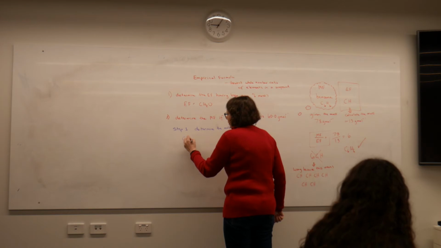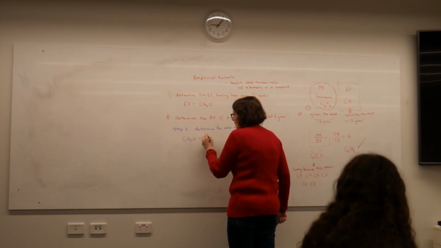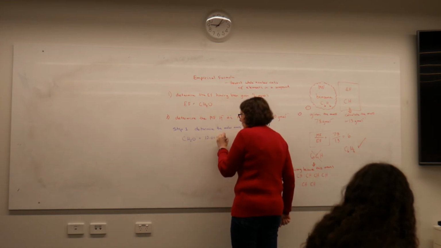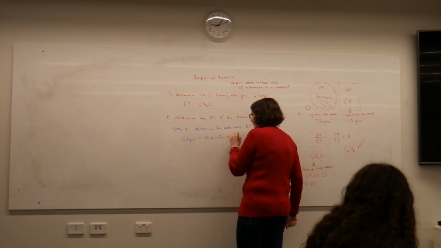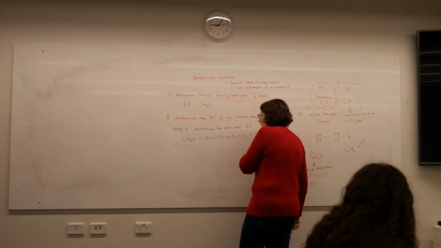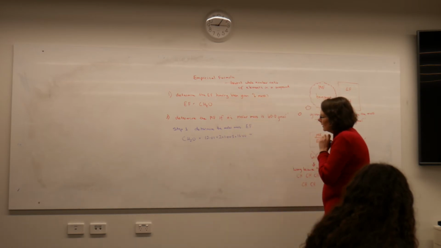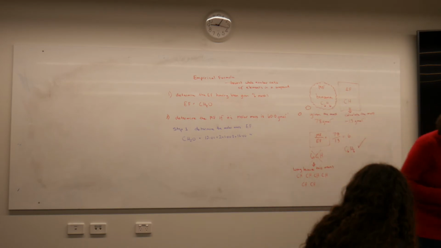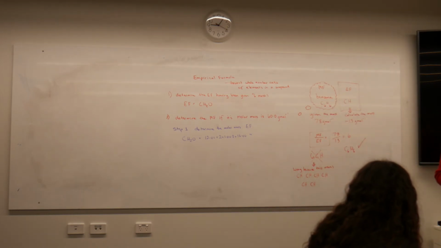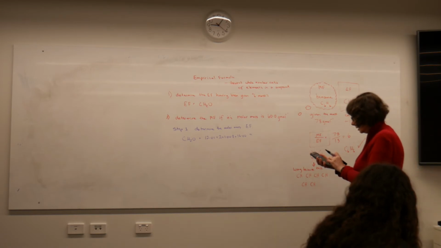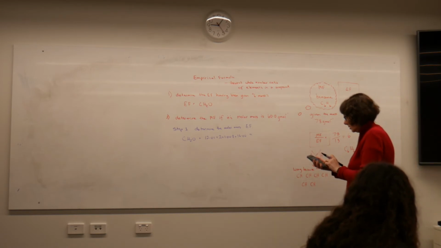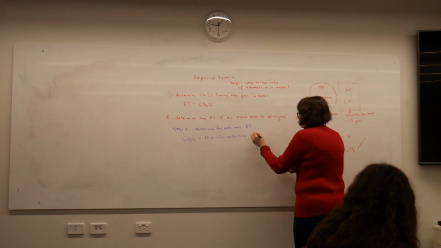So for CH2O, it's going to be 12.01 plus 2 times 1.008 plus 16.00, which is 30.0 grams per mole.